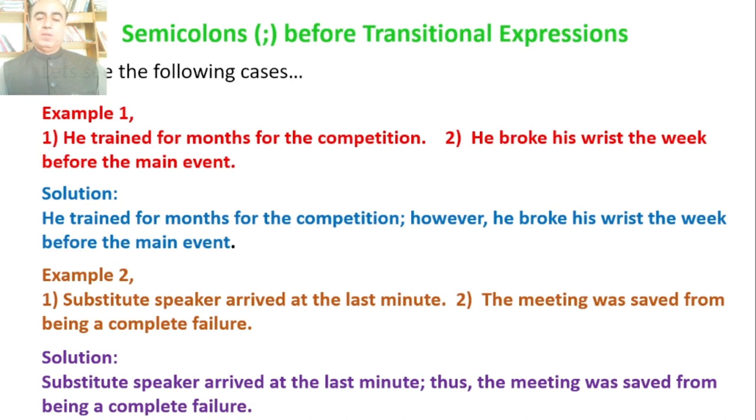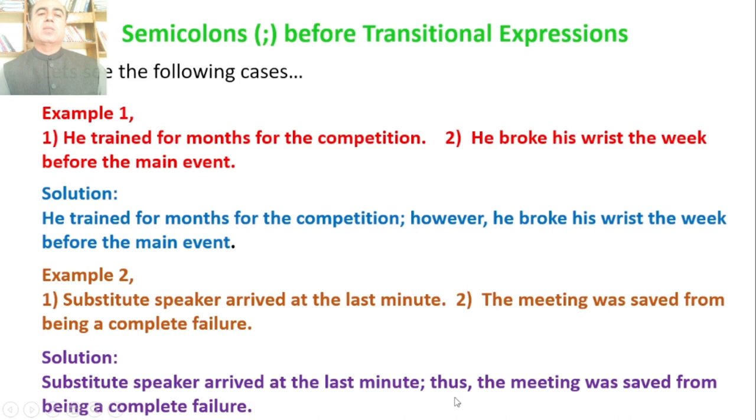Otherwise, "thus" says that it was saved from being a complete failure. Otherwise, it would have been a complete failure. Had the speaker not arrived, it would have been a complete failure. So, there is a connection, and that connection comes through the use of such expressions.